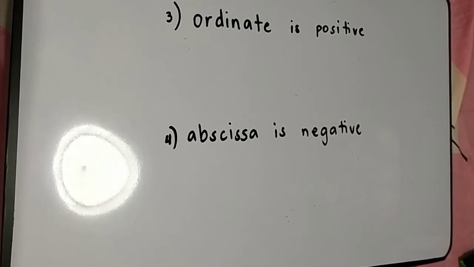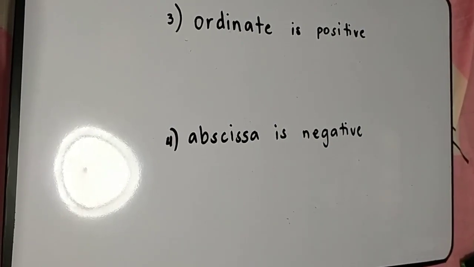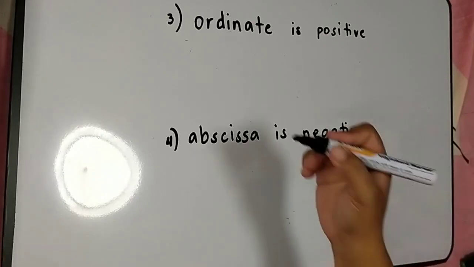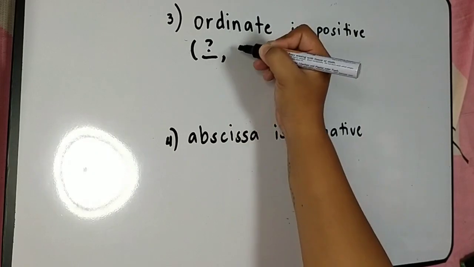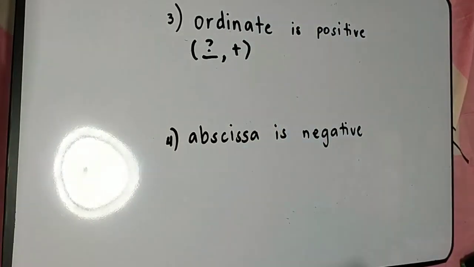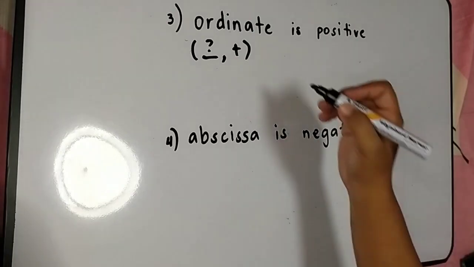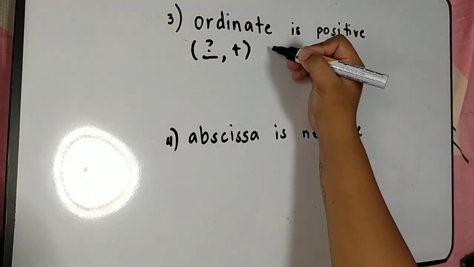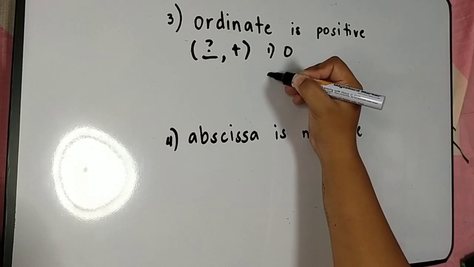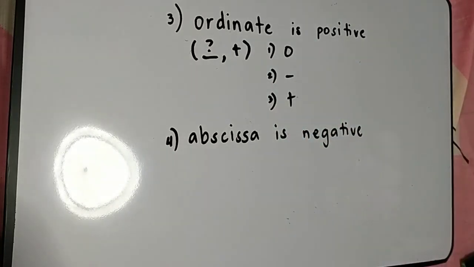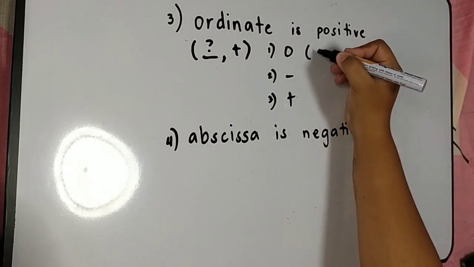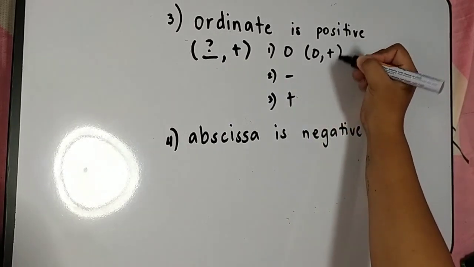Third one, we have ordinate is positive. So again, ordinate, that is y coordinate. So meaning si x, wala pang value, si y daw ay positive. Again, ano yung mga possible location ni x? So, si x pwedeng maging 0, negative, and positive. So, kapag 0 si x, we have here 0, positive.